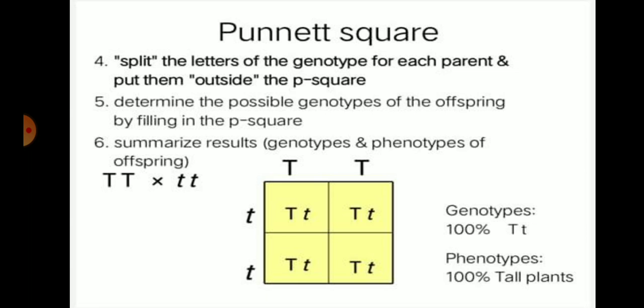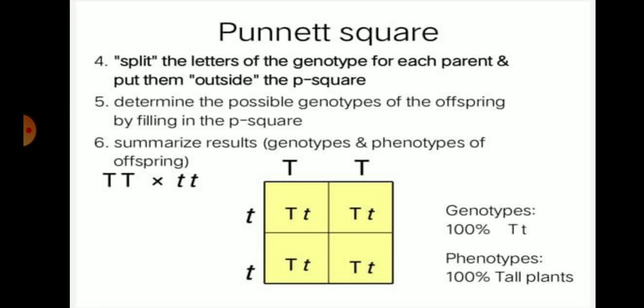So how does it occur? First, capital T, small t. Secondly, capital T, small t. Next, capital T, small t. Also here, capital T, small t. Summarizing this result, we find that all genotypes are 100% capital T small t. So here we have one dominant allele and one recessive allele.